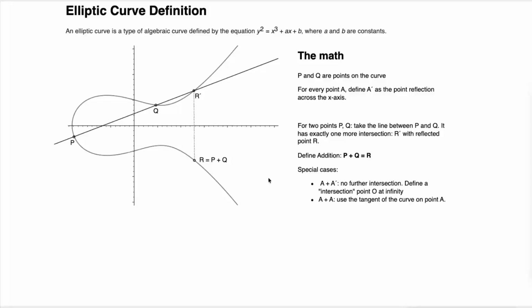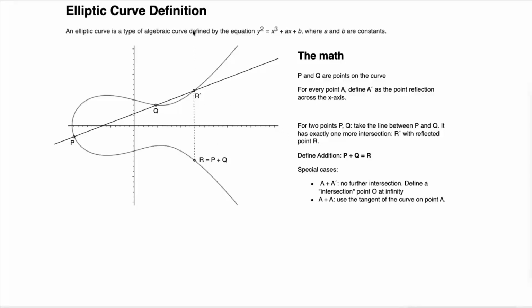A few special cases, because I said there's always a third intersection. If you have 2 points and you take the line, there's always a third intersection. But that's not true if you have R and R dash. That's the only way that you don't have a third intersection, the straight line up. And there we define an intersection, because mathematicians like to define stuff. We define this third intersection as a point O at infinity.